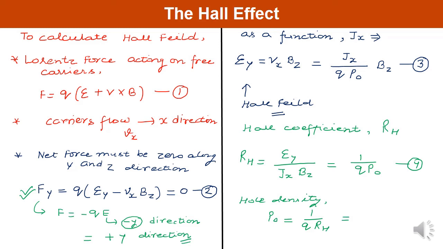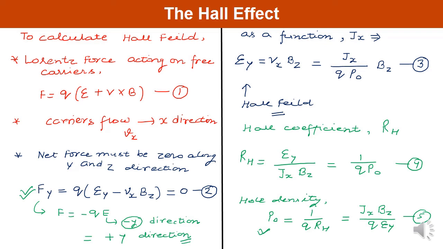This term would be Jx Bz upon Q Ey. See, this is how, with the help of equation number 4, you have calculated the hole density, denoted by P naught. I hope till this point you are very clear how to calculate it.